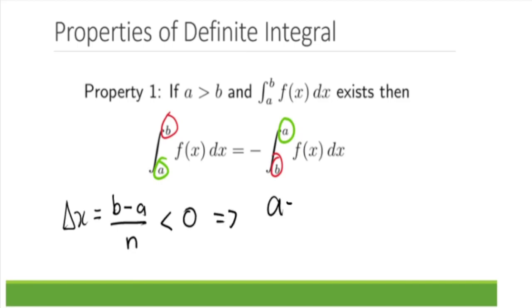In the same manner that this means that a minus b over n is greater than 0. So technically, nagkakaroon lang ng negative sign to account for the change in the value of the bounds. Kung alin yung mas malaki or yung mas maliit. Alright?